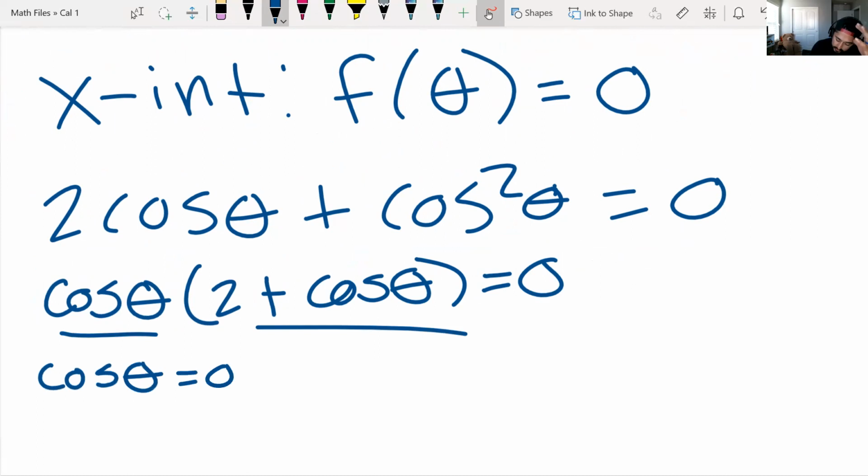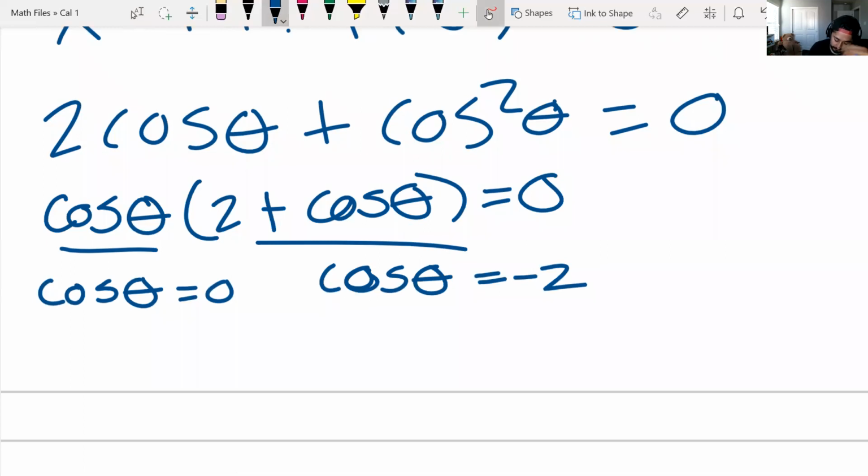Cosine theta equals 0. Cosine theta equals negative 2. And for the first one on the unit circle, cosine is 0 at pi over 2 and 3 pi over 2.